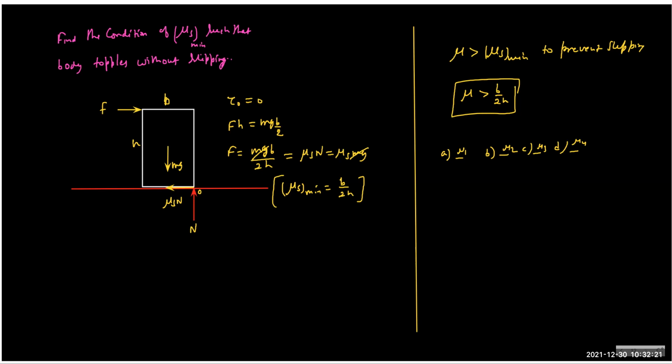So you have to pick all options which are equal to or more than this value. So this becomes a multiple choice question, because every answer which is more than the minimum value is the right answer. Okay, so let's say this value turns out to be 0.2. So if A is 0.15, B is 0.1, C is 0.2, and D is 0.25, then C and D are the right answer.